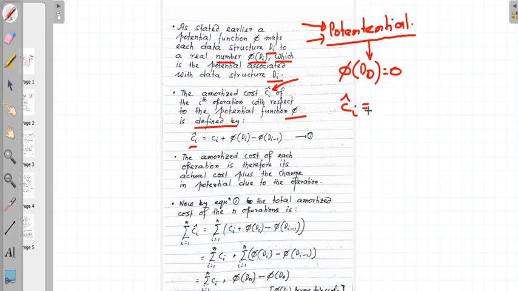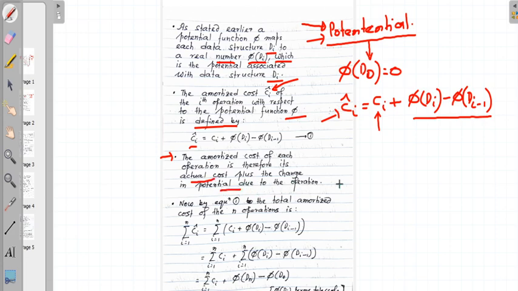Ci cap equals the actual cost Ci of the ith operation, which we have already seen, plus the change in potential after applying that operation: phi of Di, the potential now, minus phi of Di minus 1, the potential previously. So the amortized cost of each operation is its actual cost plus the change in potential due to the operation, which we have written here.